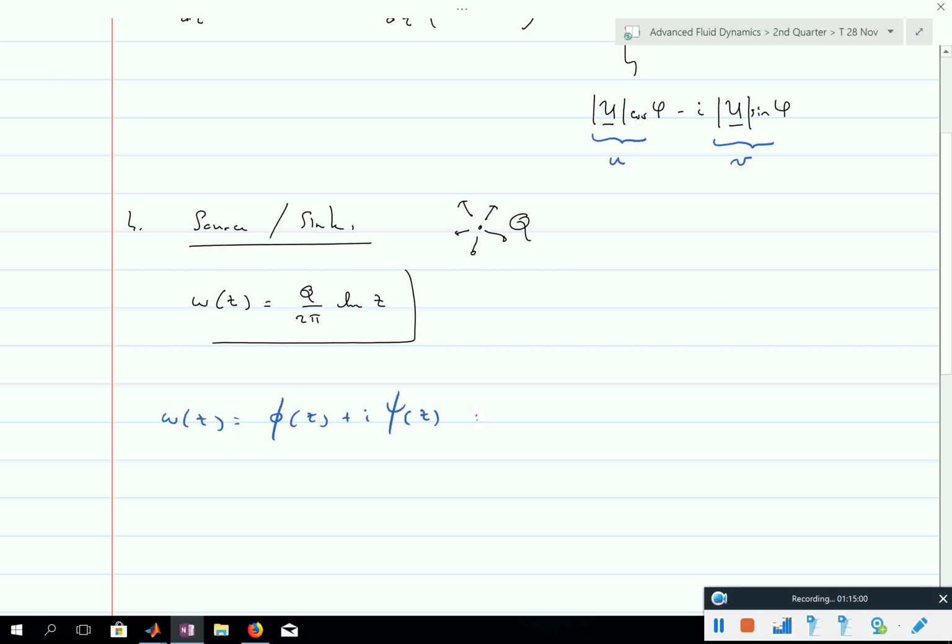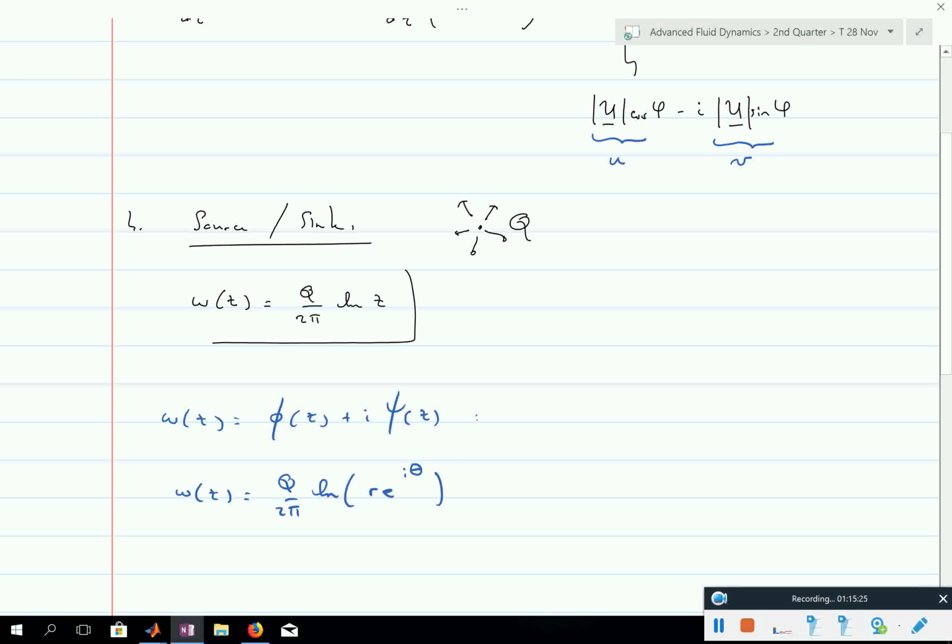Now let's take the real part of our complex potential. So omega of z is equal to Q divided by 2 pi log of z. And I'm going to represent z now with polar coordinates. So I'm going to write z as r exponential i theta.